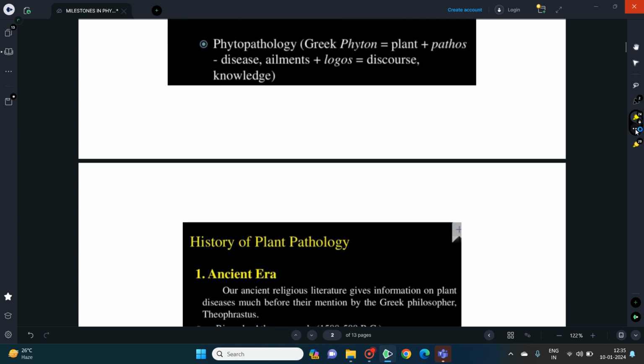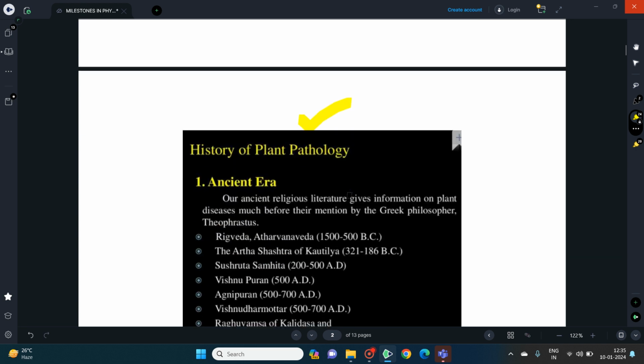Next, we are going to deal with the history of plant pathology. In the ancient period, the religious literature gives a lot of information on plant diseases, and much before that, they were mentioned by the Greek philosopher Theophrastus.